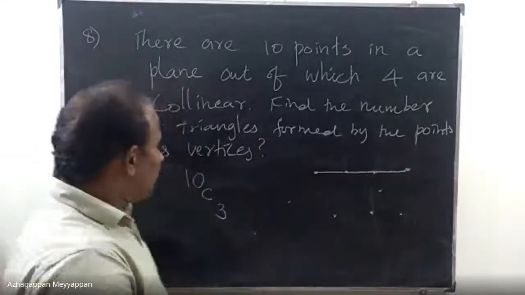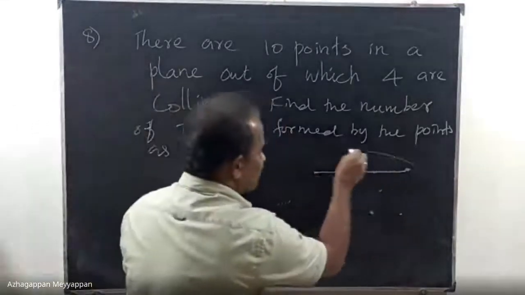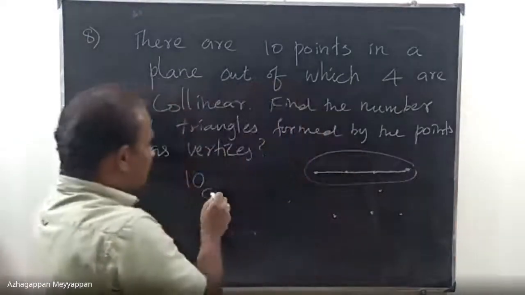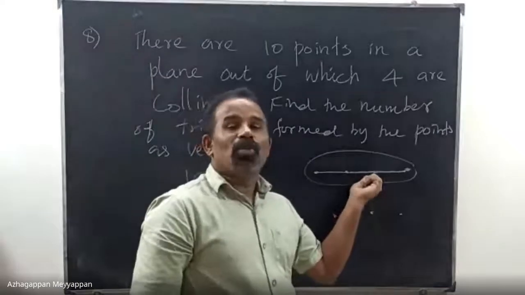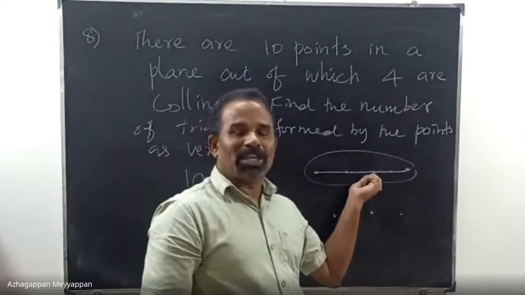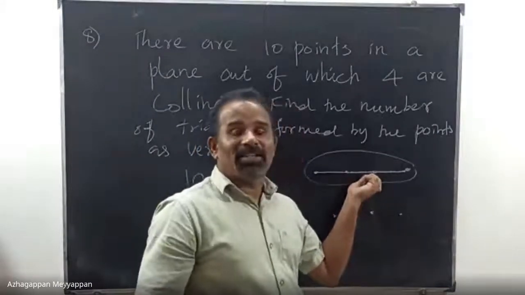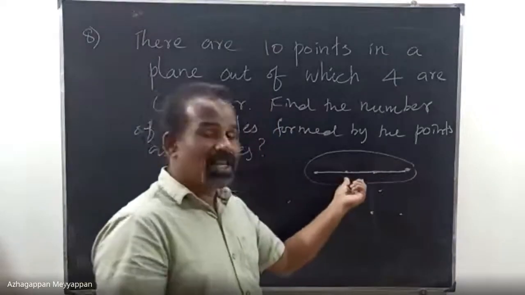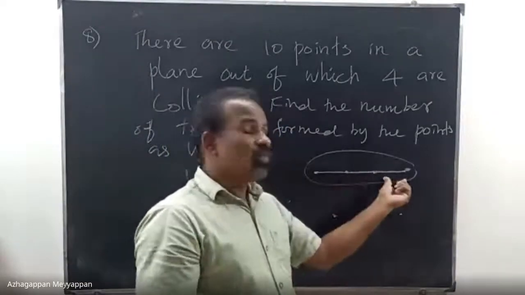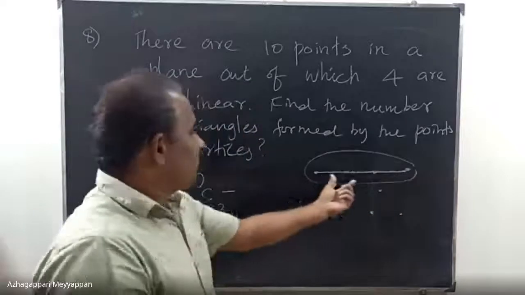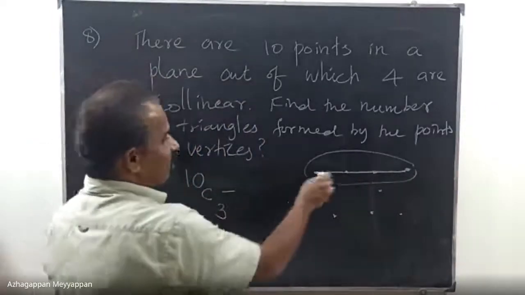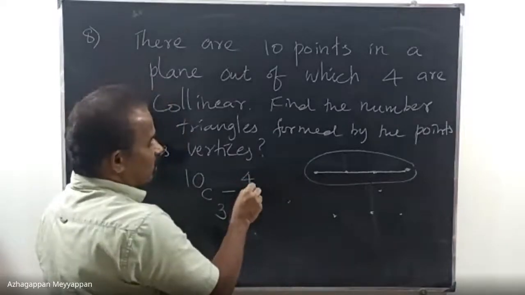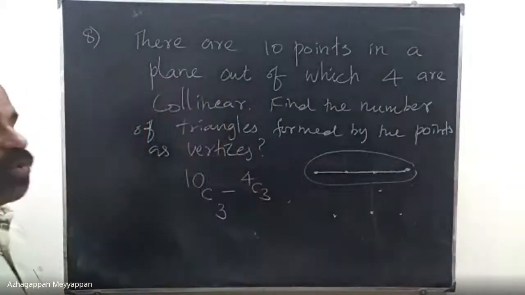So we have to subtract the number of triangles formed by these 4 points, because the number of triangles is 0. So 10C3 minus 4C3.